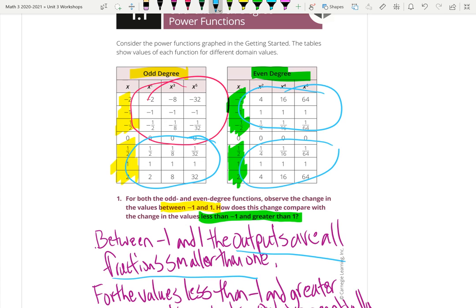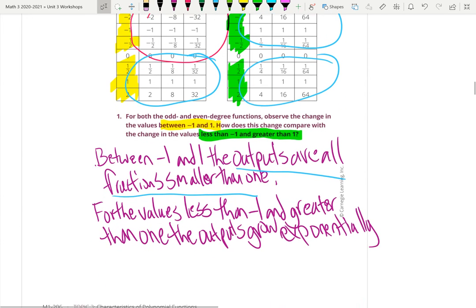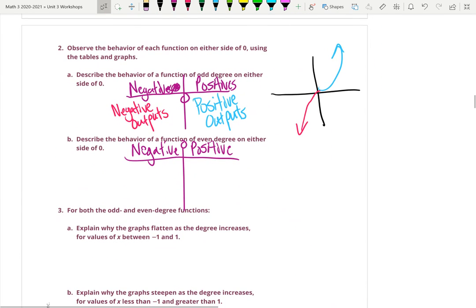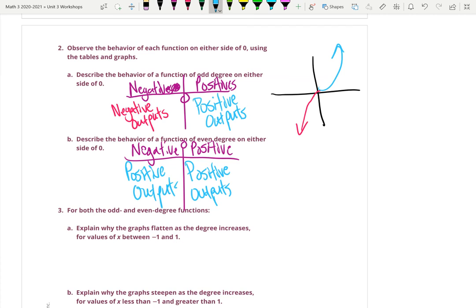All the outputs are positive. This lets me sketch the generic rule for an even degree: positive outputs, and then it goes to 0, positive outputs again. Voila.